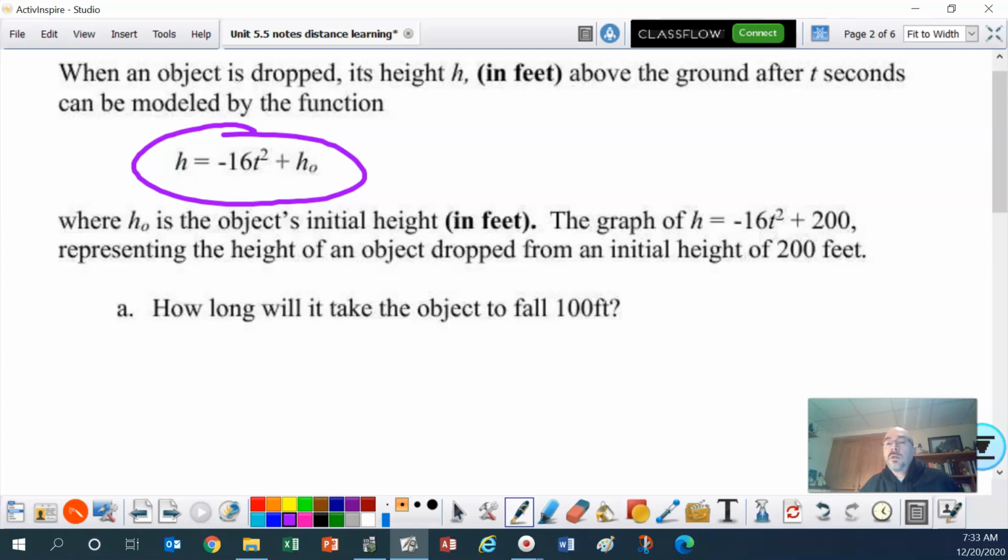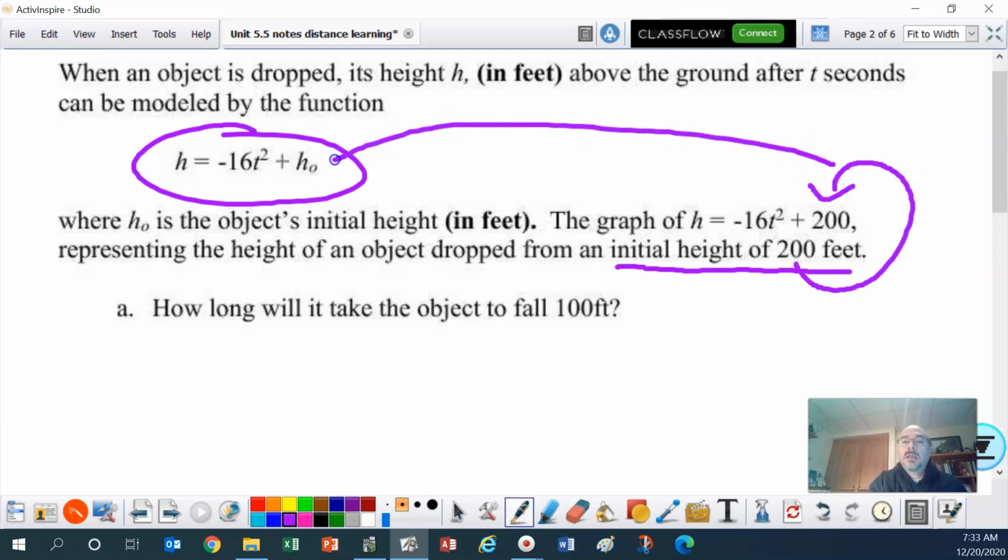So the graph of h equals negative 16t squared plus 200 represents the height of an object dropped from an initial height of 200 feet. We're not going to graph this, but that's the equation. The initial height is the number behind that plus sign.